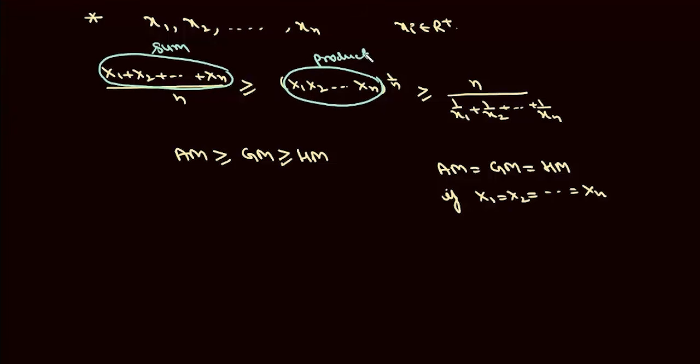So once we have those questions where either sum is constant or product is constant, and we need to find the minimum or maximum value of an expression, then the first thing that should come to your mind is this AM, GM, HM inequality. So if product is constant, then they'll ask you the minimum value of sum.